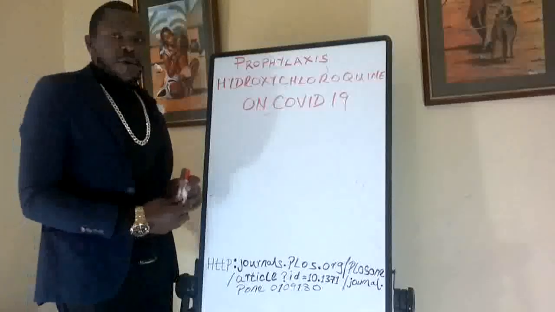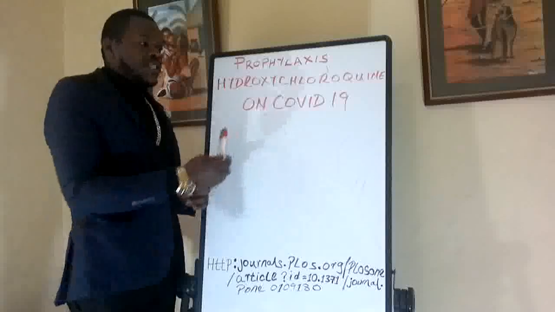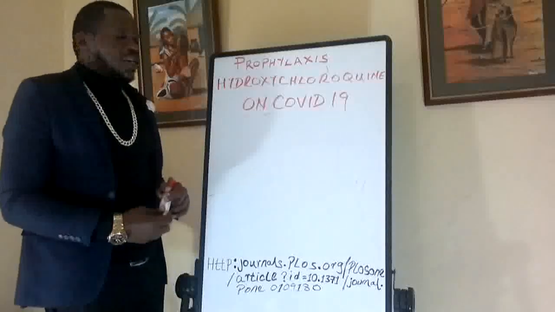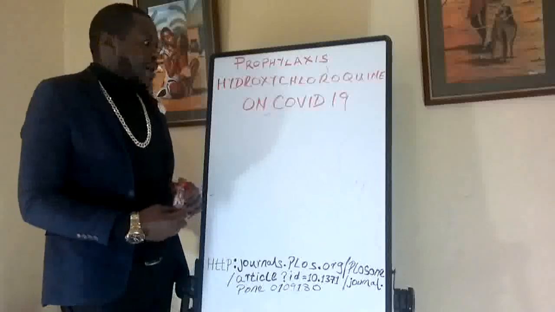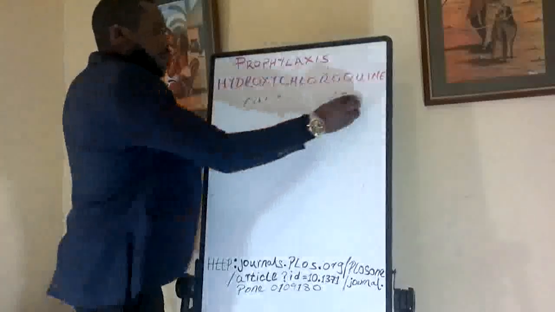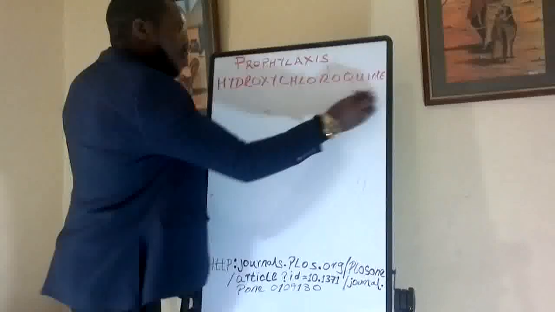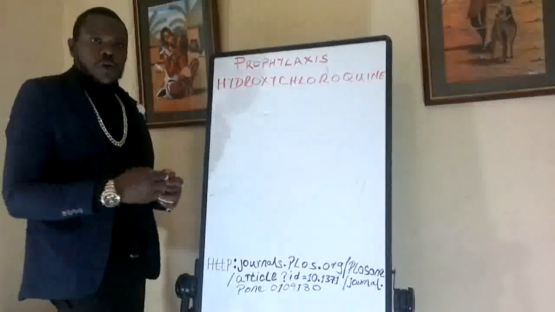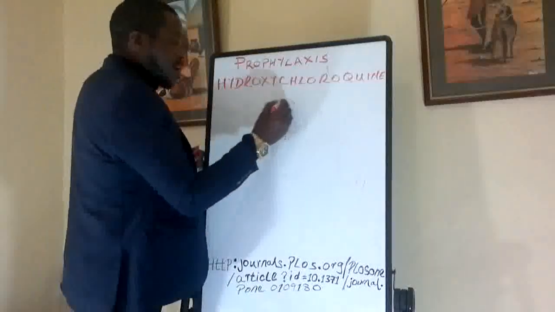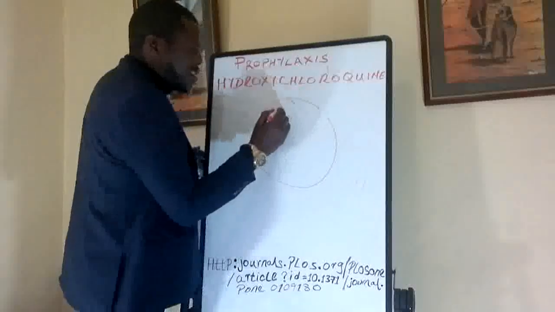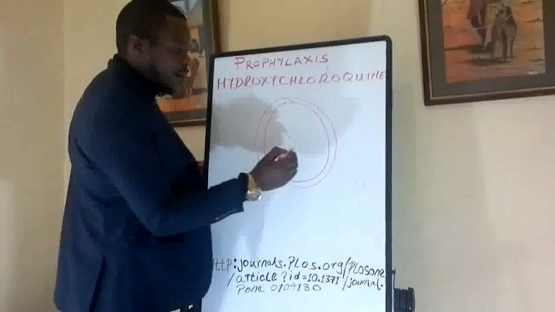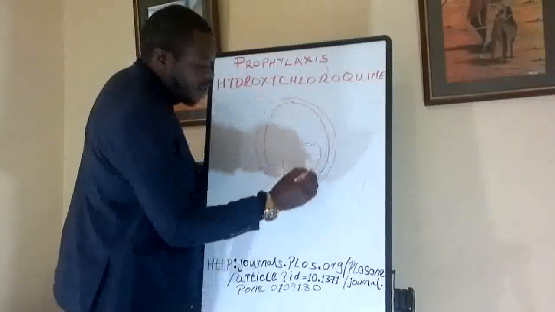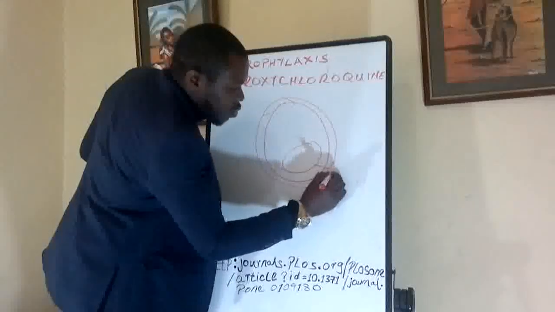But why is chloroquine efficient in treatment of COVID-19? To understand that, let's review a little bit of molecular biology. So, this is the cell. Inside the cell, we have the nucleus.